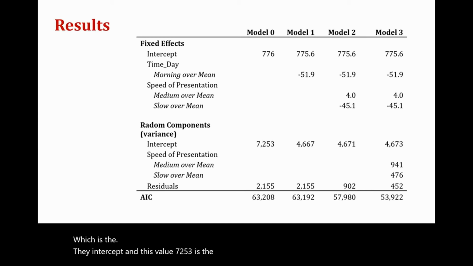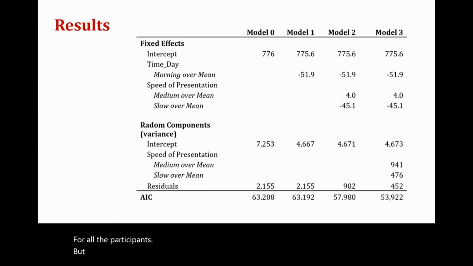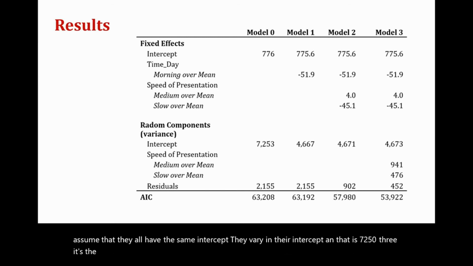The point estimate of the intercept is 776; this is the mean intercept for all the participants. But the model assumes a variability. It means that for the participants, we cannot assume that they all have the same intercept. They vary in their intercept, and that is the 7,253, the variability or the variance of the intercept.